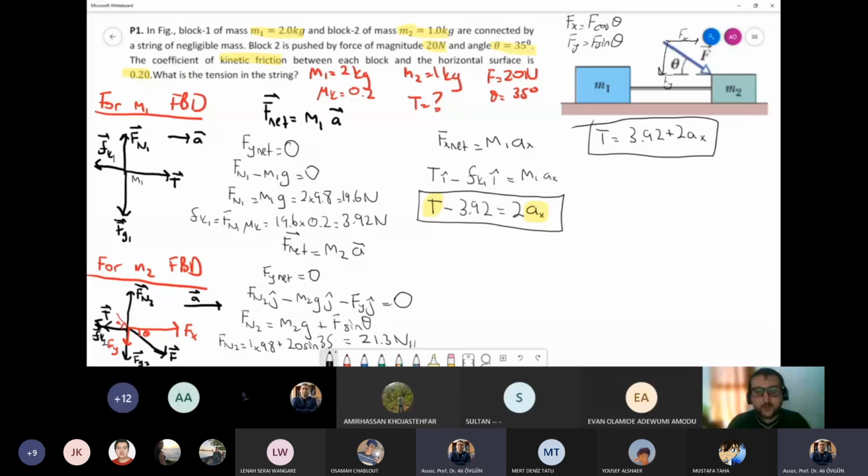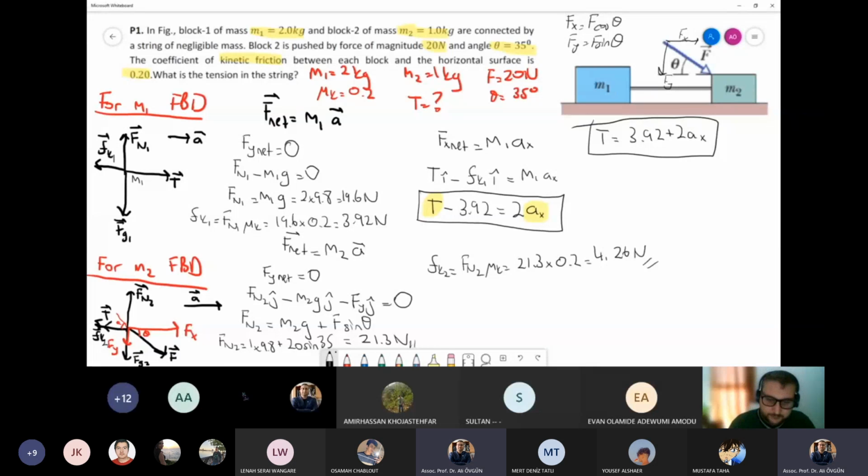After you find F normal 2, you can calculate the kinetic friction force on M2. Fk2 is equal to F normal 2 times mu k. So 21.3 times 0.3 is equal to 4.26 Newton. This is the friction force on M2.